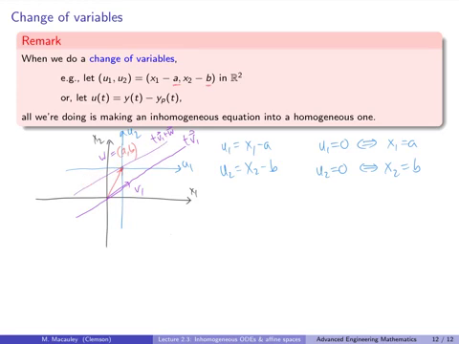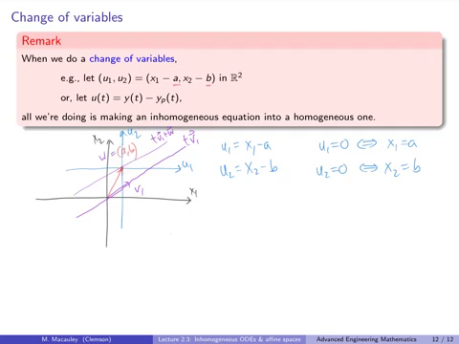It does not go through the origin in the x1, x2 plane. But when we change variables, when we let u1 and u2 be these guys, now we are redefining our coordinate system, so this affine line goes through the origin.